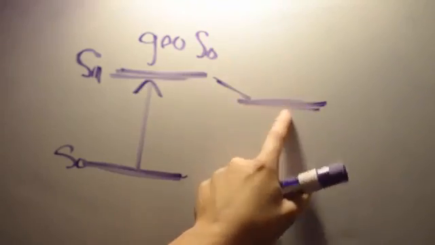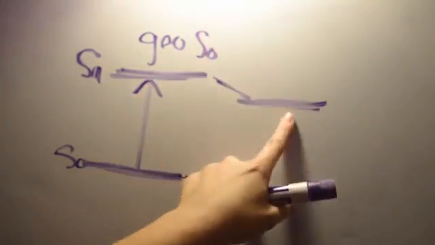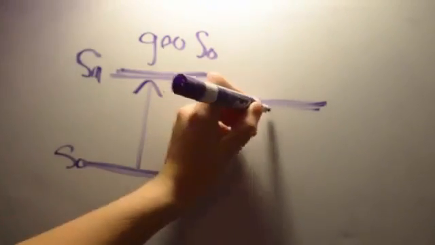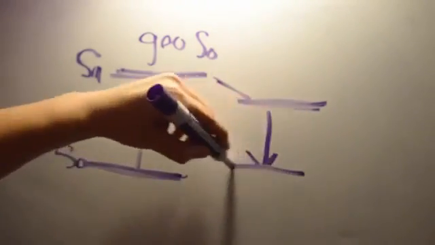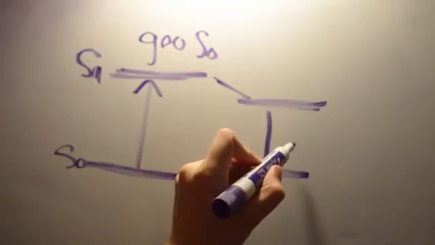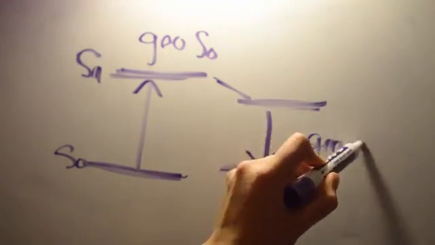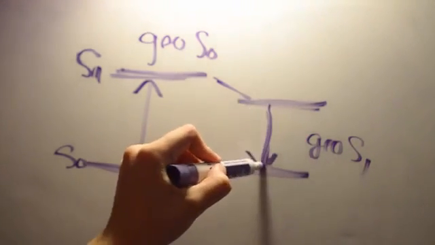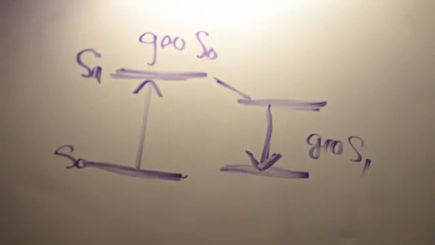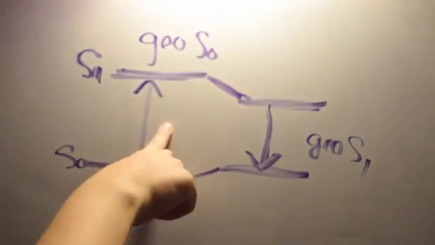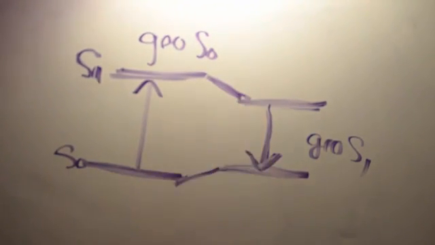So now it has the excited state geometry and the excited state energy. But when the energy is released in the form of a photon, the geometry is still that of the excited state. So it has the geometry of the excited state and the energy of the ground state. So this is what causes the difference in absorption versus emission.